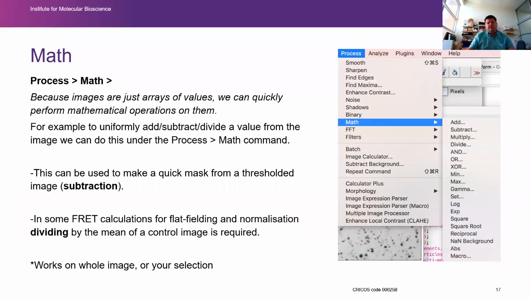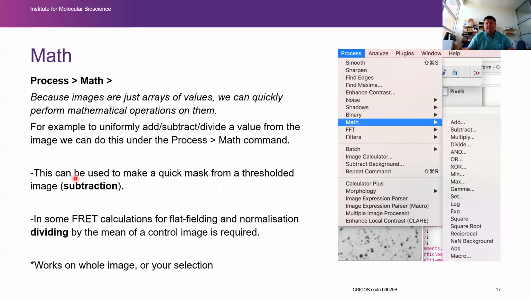Okay, so another step that you can do in your analysis pipeline is to perform math on the entire image. And so that's just under process math. And because these images are just arrays of numbers, essentially, we can perform mathematical operations on them really quickly. You can add the same amount to the whole image or subtract it.